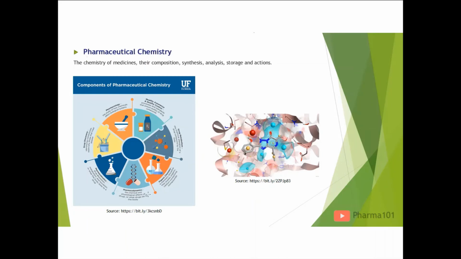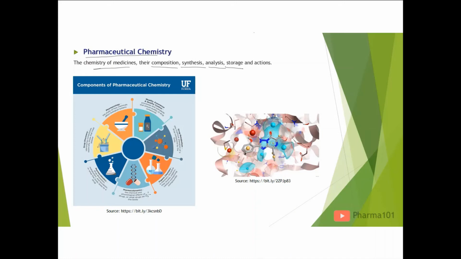The fourth core discipline in pharmacy is pharmaceutical chemistry. It is the study of the chemistry of medicines, their composition. Basically, it involves the study of the structure of the medicine and the active pharmaceutical ingredient, how these medicines are synthesized, what tests are used for their analysis, for testing their purity, for testing their potency, for testing the presence of other ingredients, the conditions that are required for the storage of these medicine.